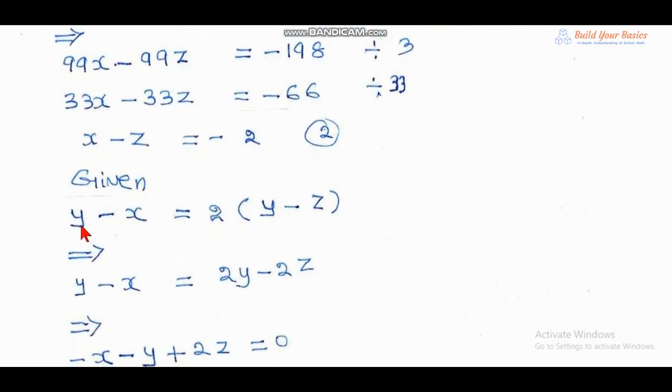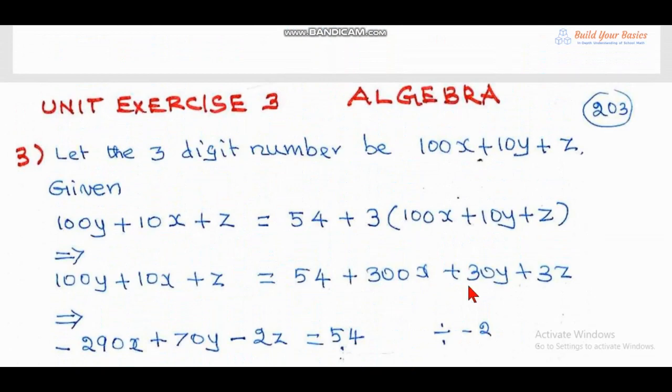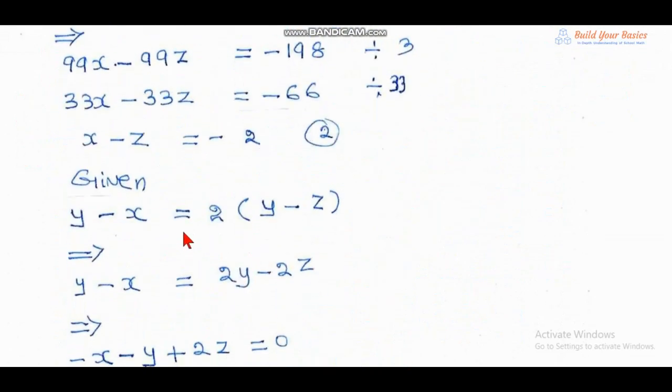So it is given, the tens digit exceeds the hundreds digit, that is y minus x. Y minus x is twice as that of the tens digit, that is y minus z, exceeds the unit digit.